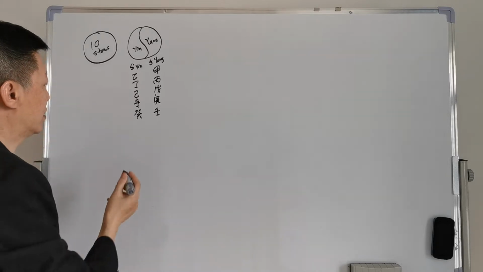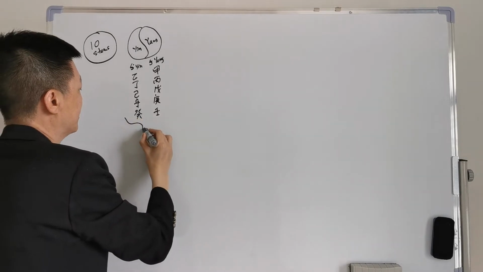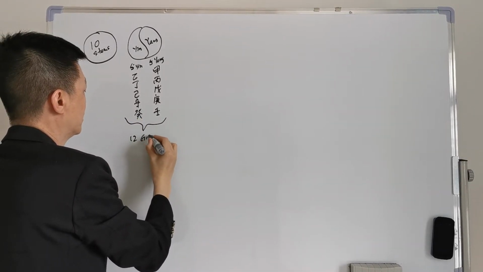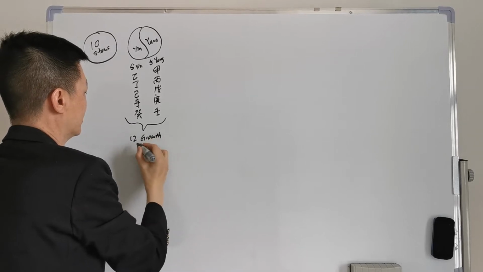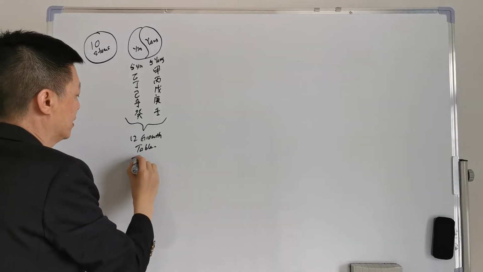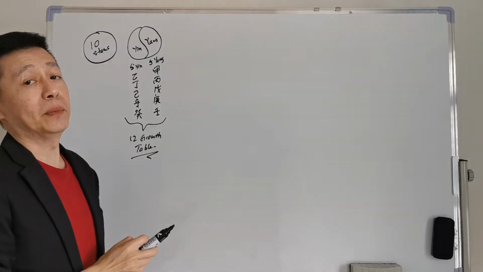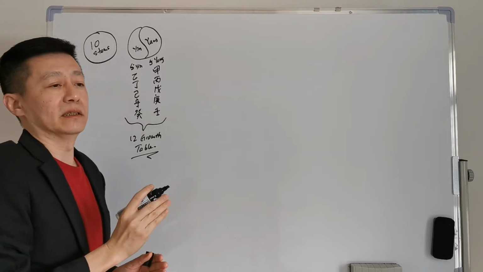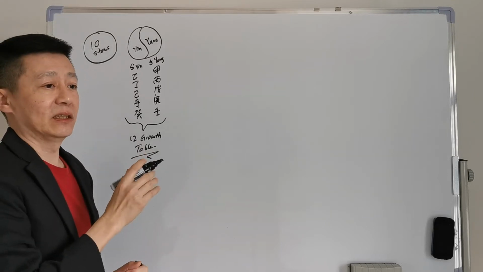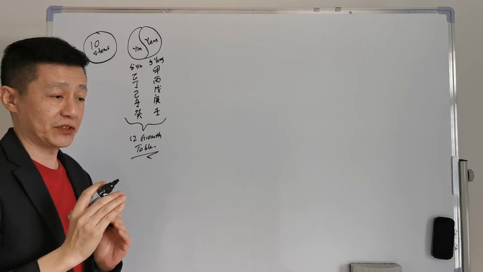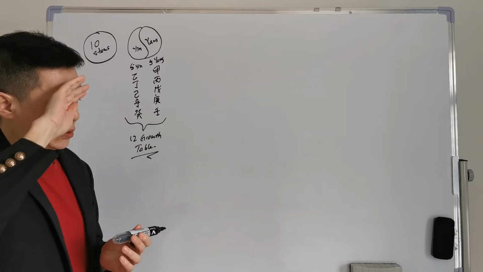All the strength is derived from the 12 growth table. With the 12 growth table in place, you will be able to confidently assess whether this stem has strength or does not have strength.